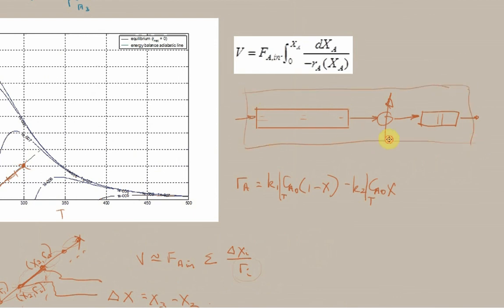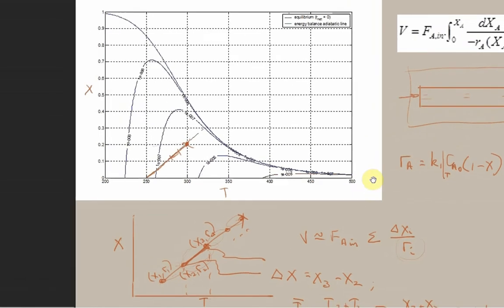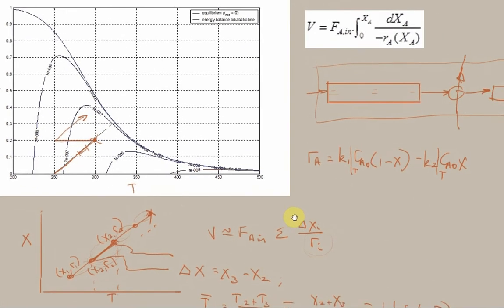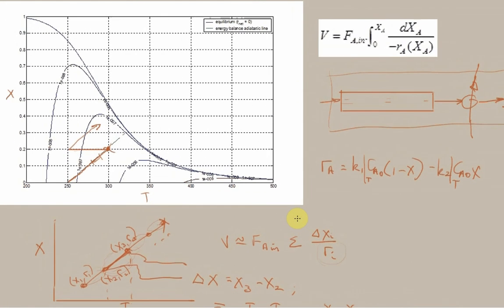So the same approach of cooling down and then taking a line that's parallel to the other, that all applies in this plug flow reactor case also. Right, so that's the PFR, and then of course we want to think about the batch reactor as well.